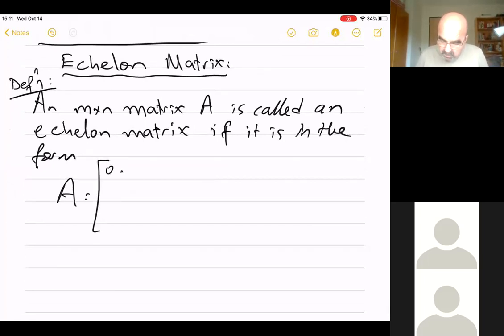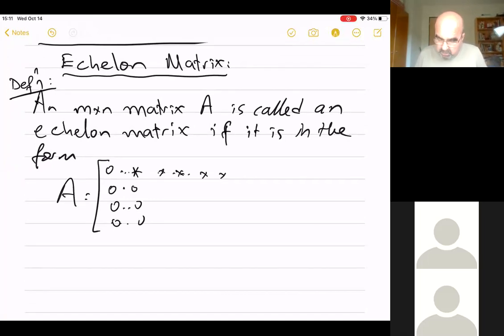So you have the first non-zero entry here somewhere, but below all these entries, it must be 0. So this is the first non-zero entry of A. And then here you may have anything else.